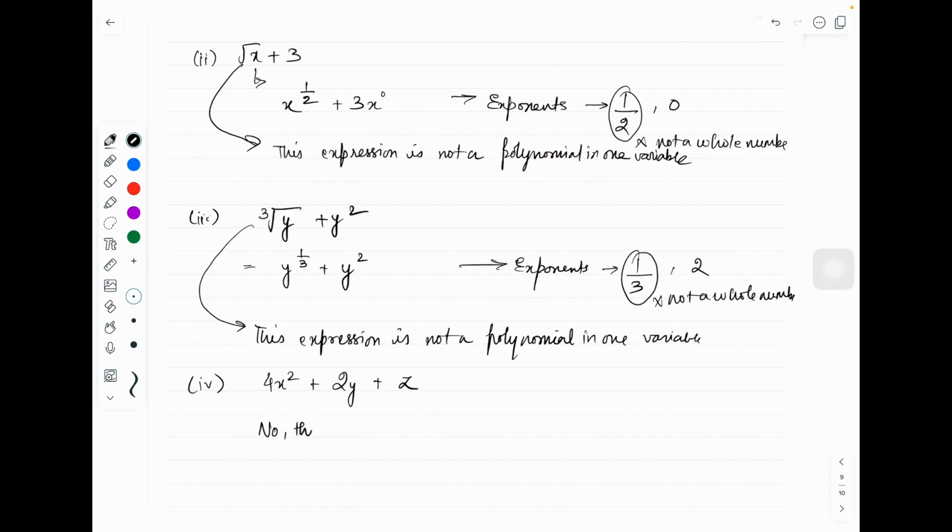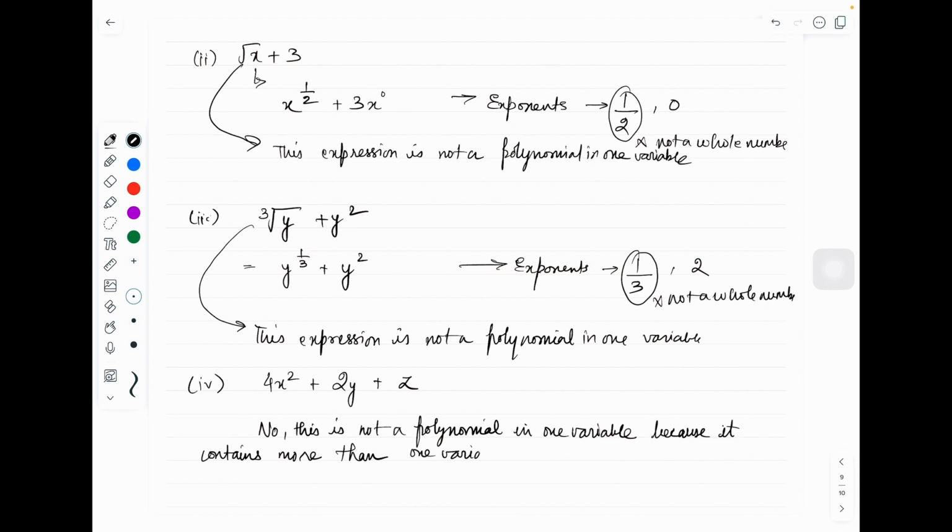No, this is not a polynomial in one variable, because it contains more than one variable, that is x, y and z.